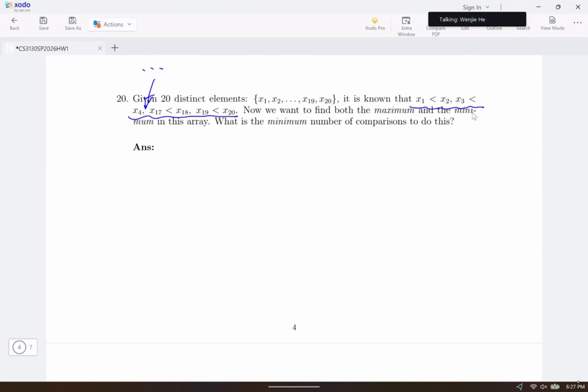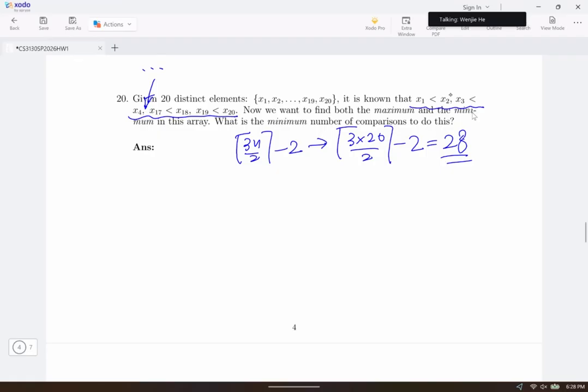First, we apply our standard formula. We ignore the given condition, right? So N equals 20, so 3 times 20 minus 2, which is 58. First step. Then we need to add this condition back and modify this initial answer.